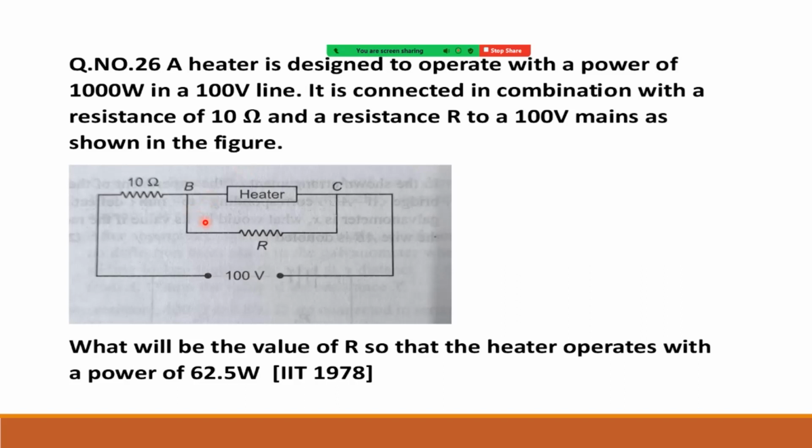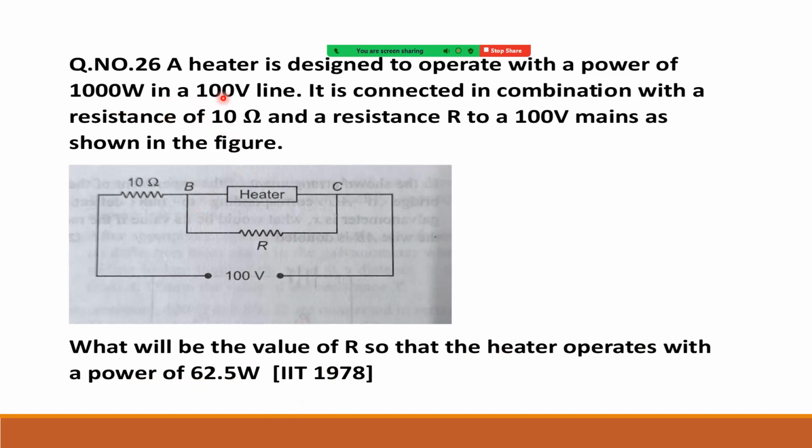This is now the given diagram, right? Now the question is, what will be the value of R so that the heater operates with a power of 62.5 watt, right?